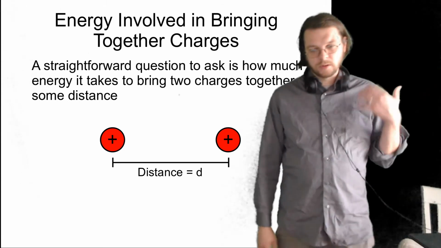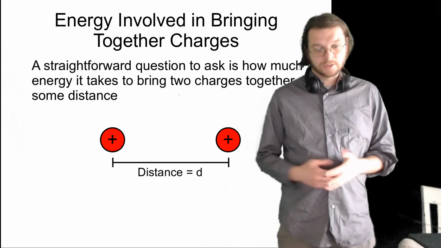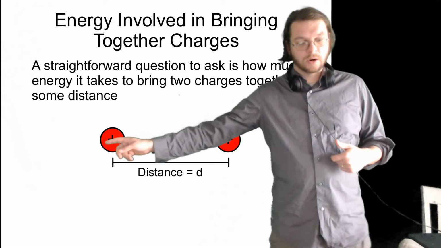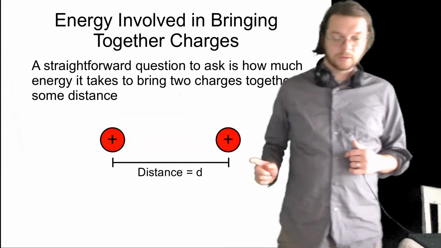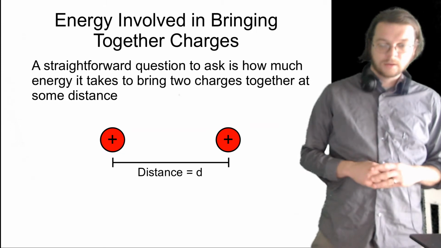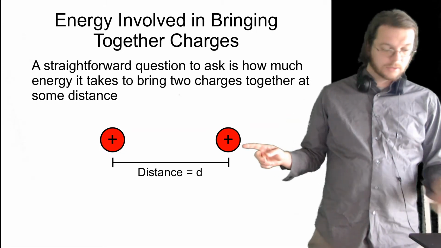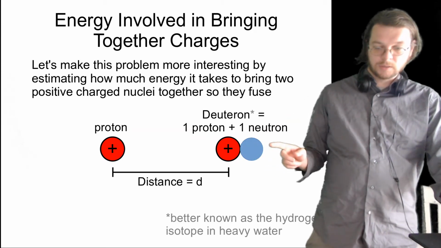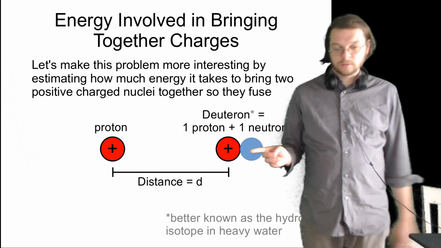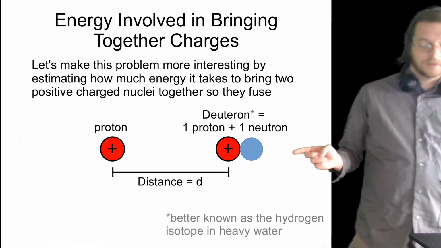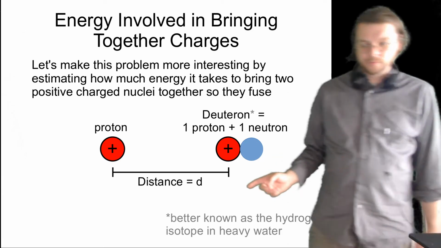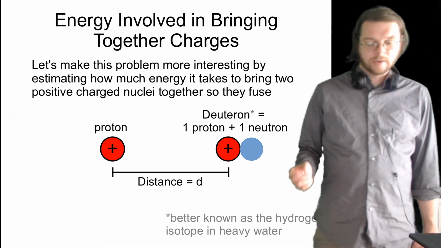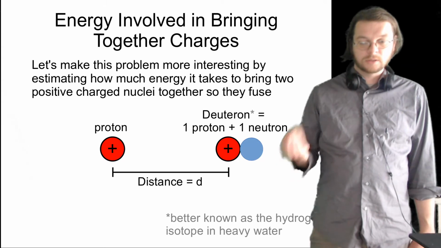An interesting question to ask is, how much energy does it take to bring this charge all the way in from very far away up to some distance from this other thing? Just for fun, let's think about what this other thing could be. Let's say it is a deuteron, which is an isotope of hydrogen. If you've ever heard of heavy water, it's not H2O, it's D2O.